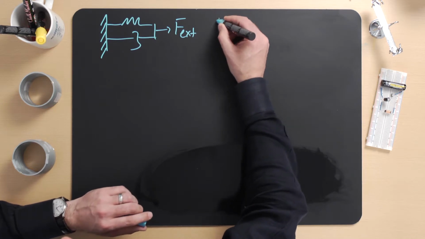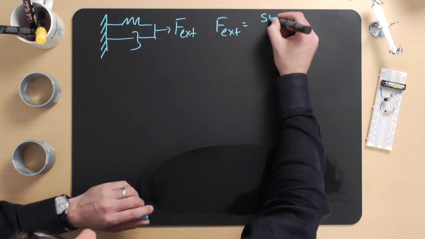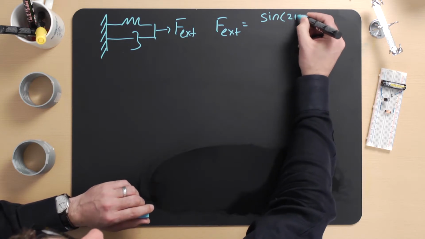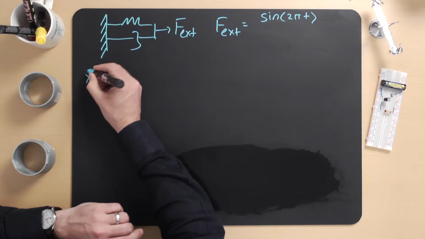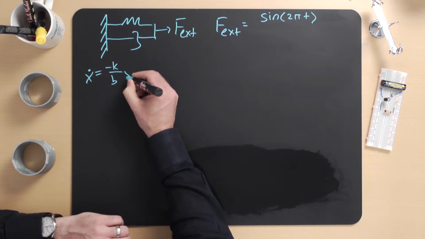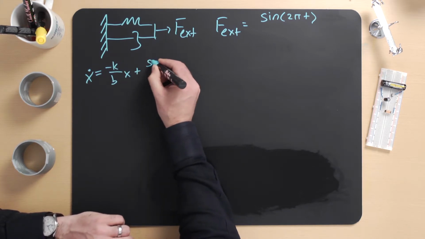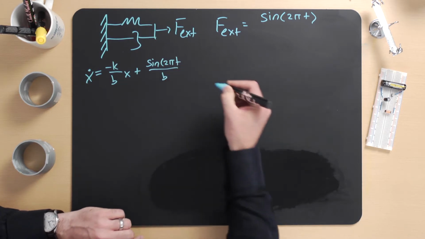Let's assume that the external force is equal to sine of 2 pi t. This system has the ODE x dot is equal to minus k over b x plus sine of 2 pi t over b.